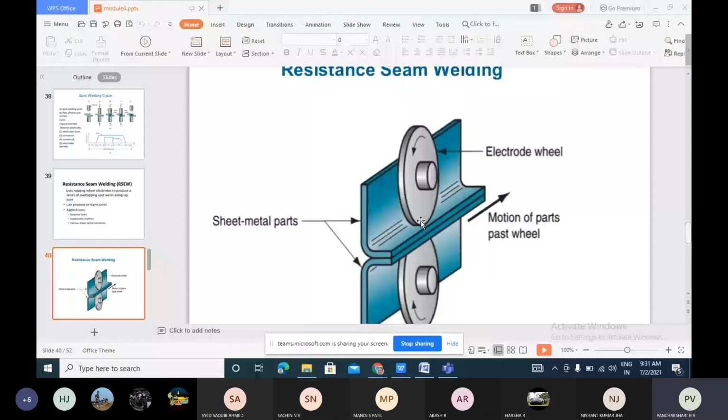Due to that resistance, the heat is developed and the metal at the junction melts, and melting and solidification take place along this line. The basic concept is the same as resistance spot welding, but spot welding is carried out at some locations, while here it takes place continuously from one end to the other end. That is resistance seam welding. This is called seam welding.